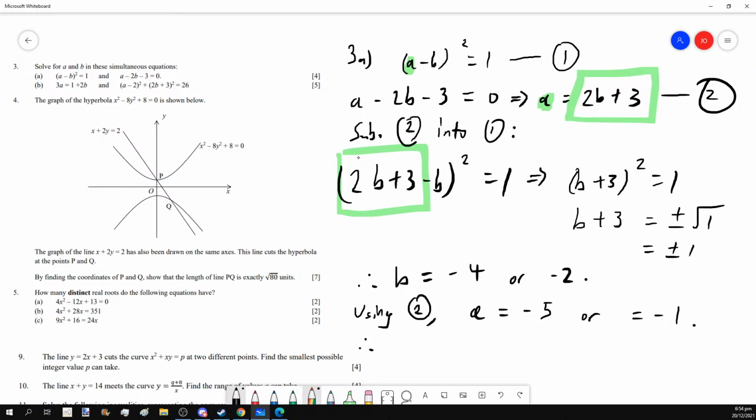And we will conclude that the answer is a = −5, b = −4, or a = −1, while b = −2. So you will have two pairs of answers, just as we said earlier.